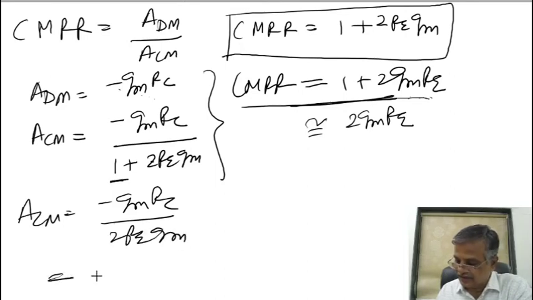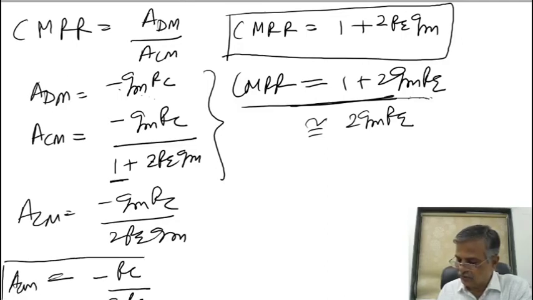So they can write minus RC by 2RE. So do not get confused. This is a way of writing. Either use this or use that equation. Answer will not be changed, means not so much different between these two.